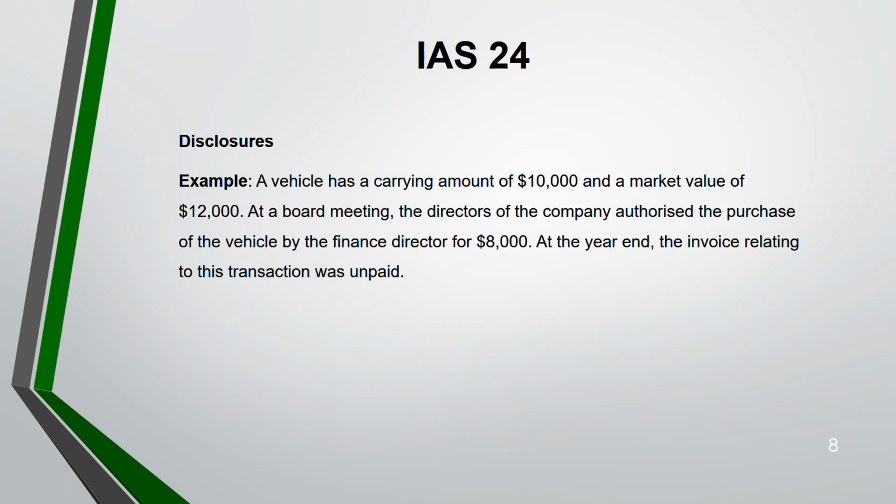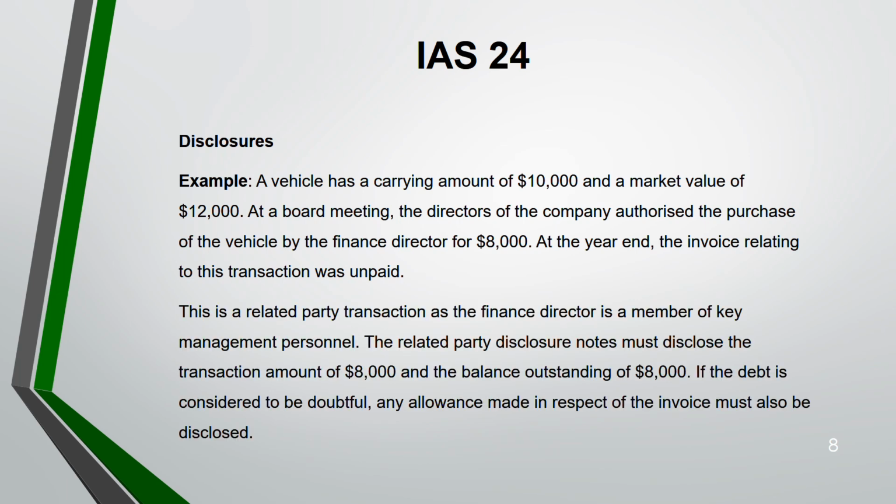Now, let us go through an example. Let's say a vehicle is having a carrying amount of 10,000 where the market value is 12,000, and at the board meeting, the finance director has authorized that the purchase of the vehicle will be for 8,000. So at the end, invoice relating to this transaction was unpaid. This is a related party transaction. Why?